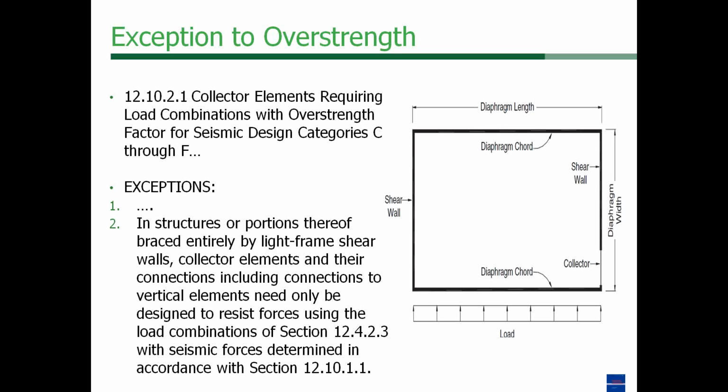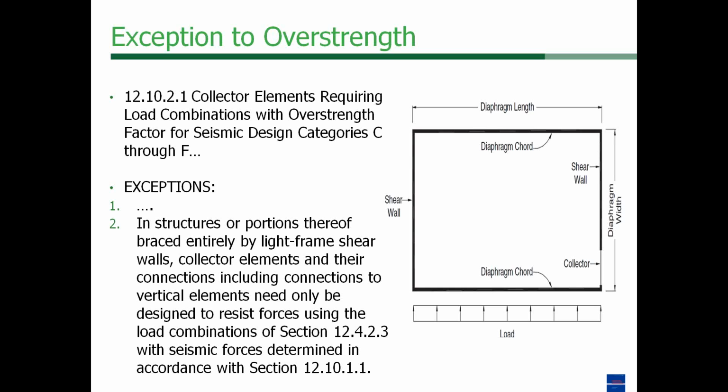So part of the explanation is probably that there was significant experience with wood structures where the collectors did not present a problem, and so there was that historical evidence based on past experience and judgment by a committee that developed these provisions that said that this isn't required when those new overstrength provisions were brought into the code.